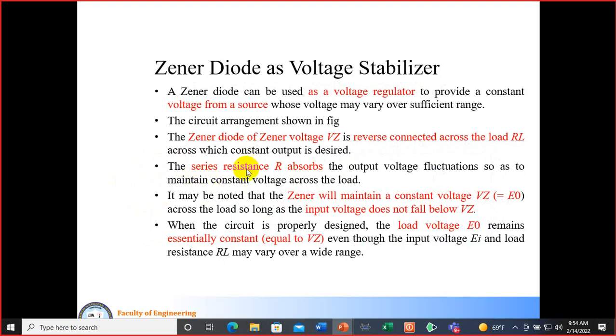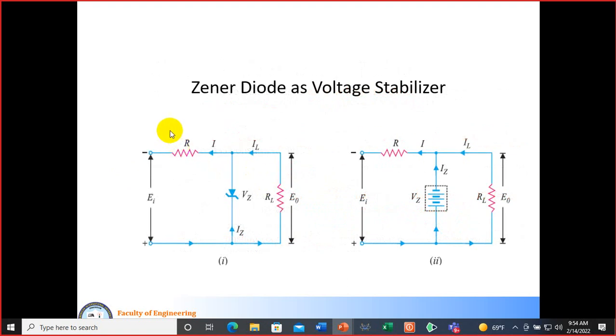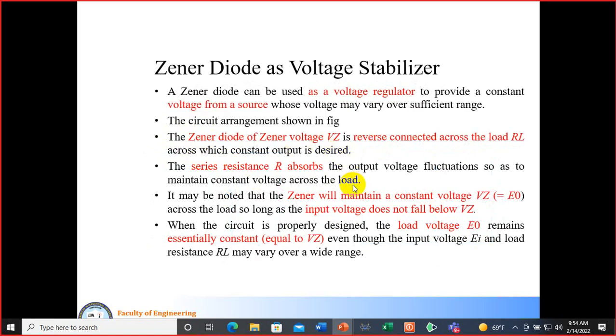The series resistance R absorbs the output voltage fluctuation so as to maintain a constant voltage across the load. So this resistor R absorbs the fluctuation, to maintain the constant voltage across the load.